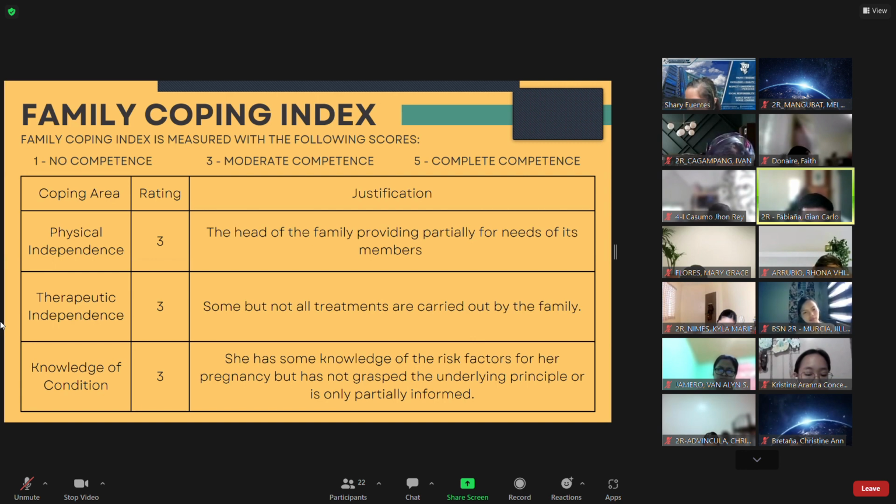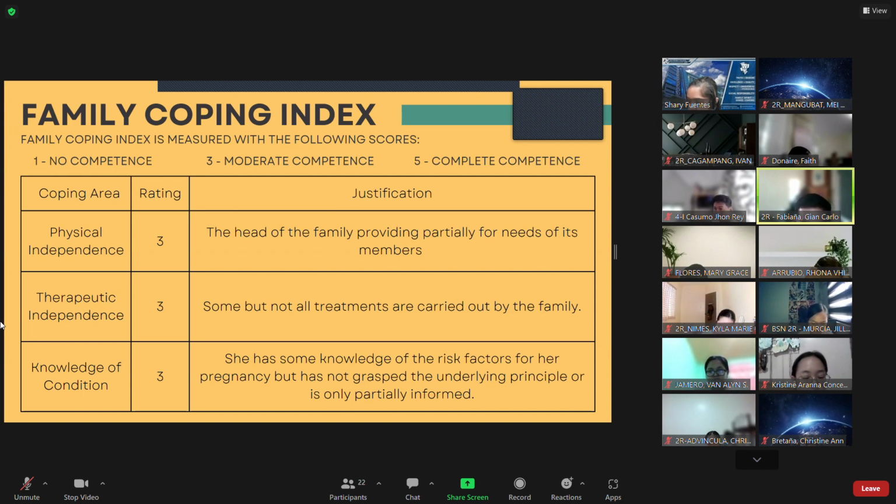For the coping area of physical independence, we rated it 3. The justification is that the family can do their activities of daily living, or ADLs. The head of the family works as a tricycle driver while the mother is a full-time housewife. The head of the family provides partially for the needs of its members.